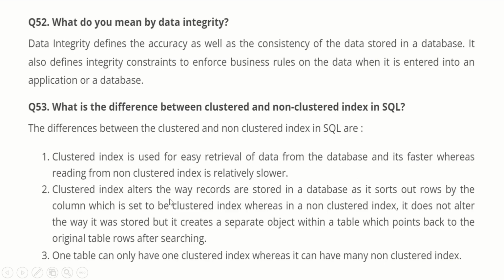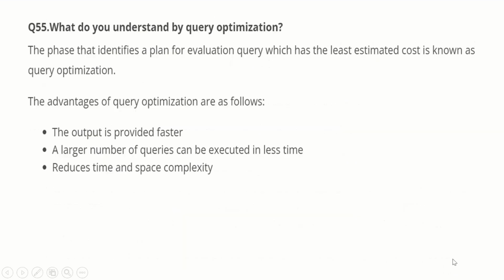A clustered index alters the way records are stored in the database as it sorts rows by the column which is set as the clustered index, whereas a non-clustered index does not alter the way records are stored, but creates a separate object within the table which points back to the original table rows after searching. One table can only have one clustered index, whereas it can have many non-clustered indexes.